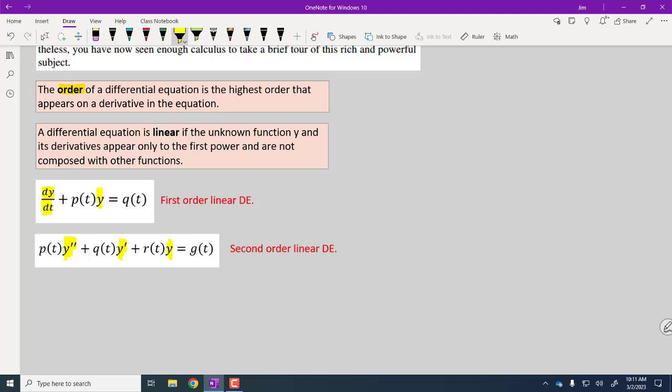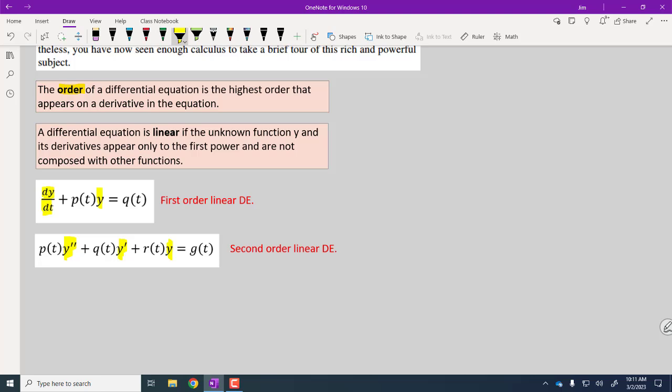The function itself is the zeroth derivative, y to the 1. So here we have the function and its derivative. Here we have the function and its first derivative and its second derivative. So the function y is what we're trying to find here. We want to find the function y that satisfies this differential equation. And first order, second order.